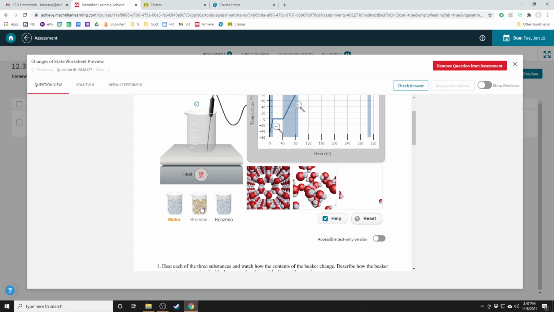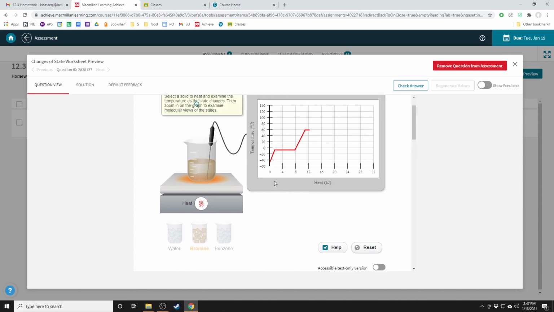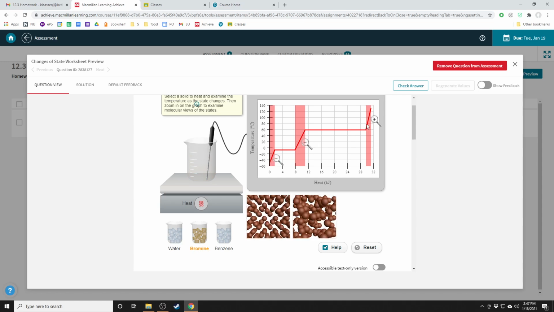Okay, so the next one we'll look at is bromine. I need to play it real quick. It goes pretty quickly, luckily, because bromine evaporates very fast. And then if you actually click on these, you'll see what bromine looks like as a molecule. They made it brown for some reason.